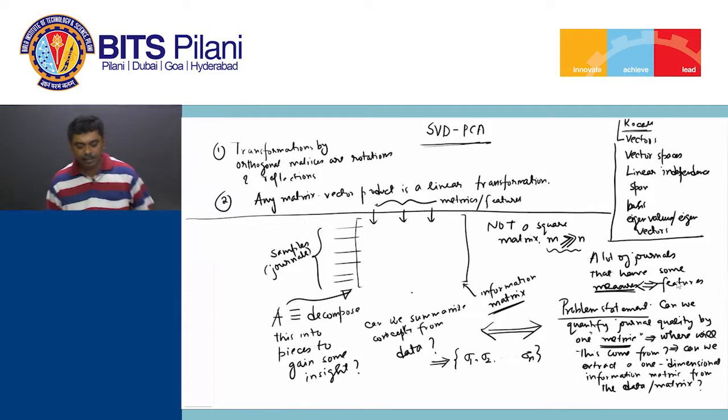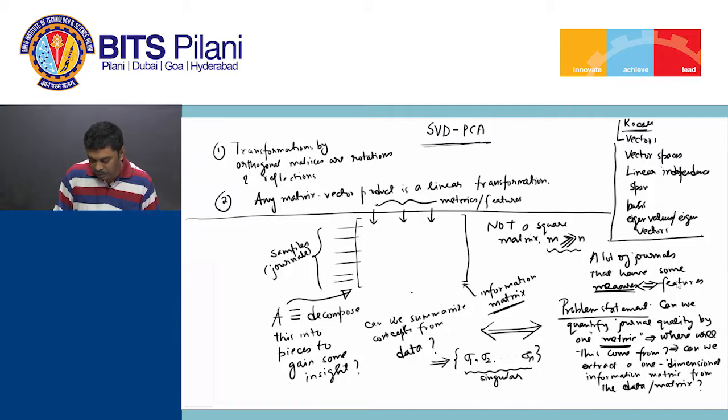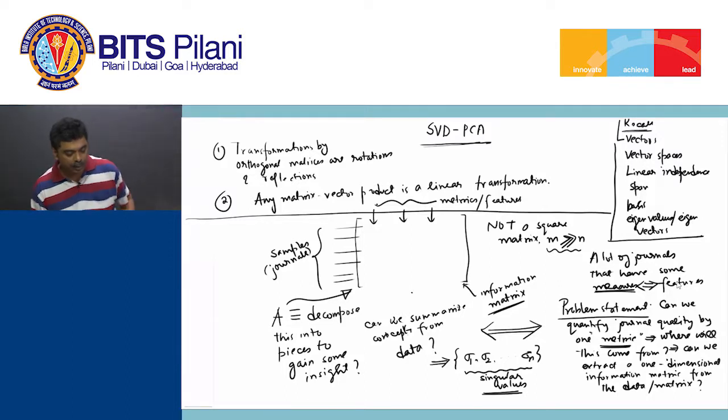Okay, all right. So this is what SVD is, or at least the motivation of singular value decomposition. By the way, as we will find soon, these guys are known as singular values.